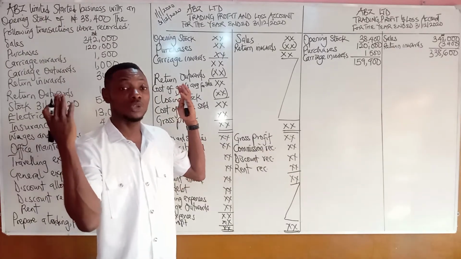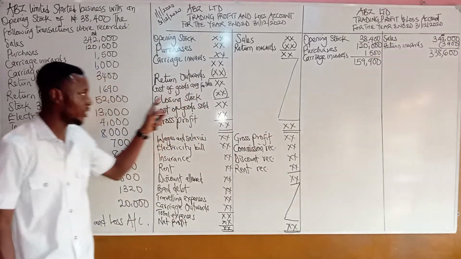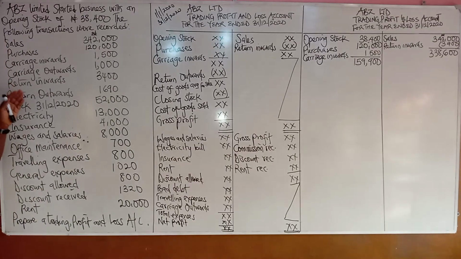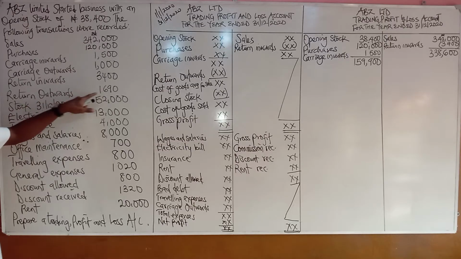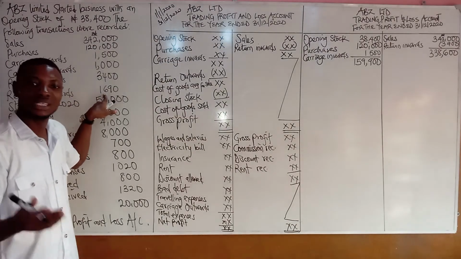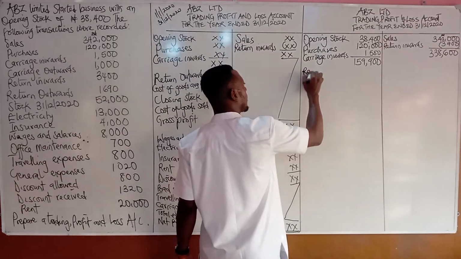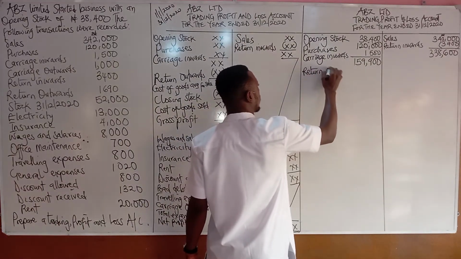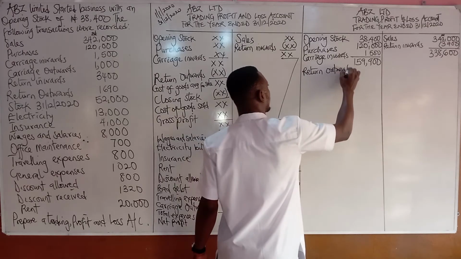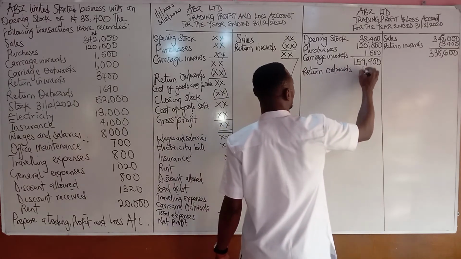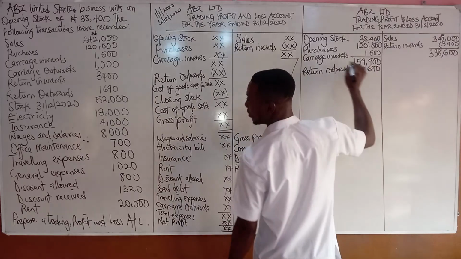Now that we've gotten this, the next thing is to confirm if any of the products that we bought, we returned it back to the producer, which is return outwards. We'll check in the particulars if we have return outwards. Yes, return outwards is valued at 1,690 naira. So return outwards 1,690. Right?